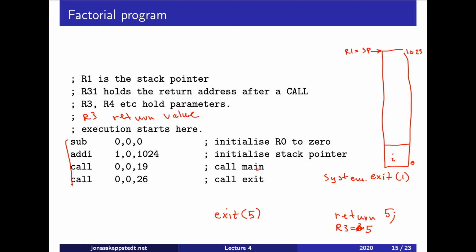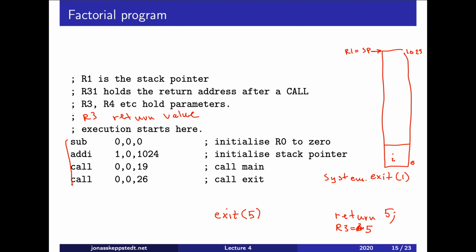We call main. I mean, that means we do things before coming to main. Okay. And then we call exit. So they look like this. And that's the reason why you can use exit and return as you wish.